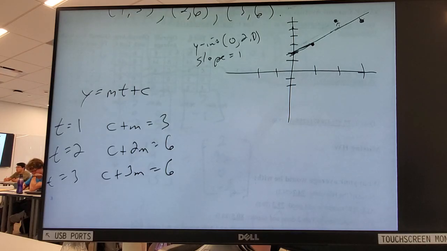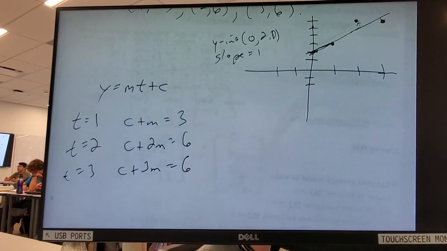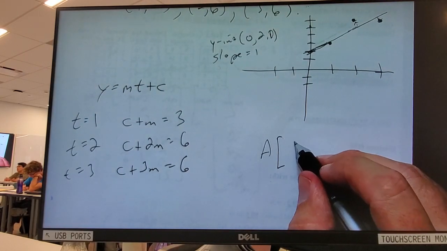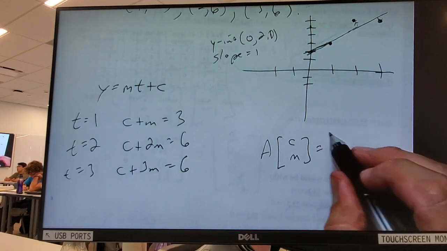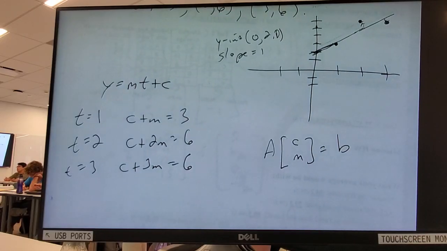Can't you make a matrix out of that? Yes? Now be careful, don't augment it. Just make the matrix. This is basically AX equals B: A times (C, M) equals this thing, and that we'll call B. Yes, okay, because that's what it should be. Can you write what A is?